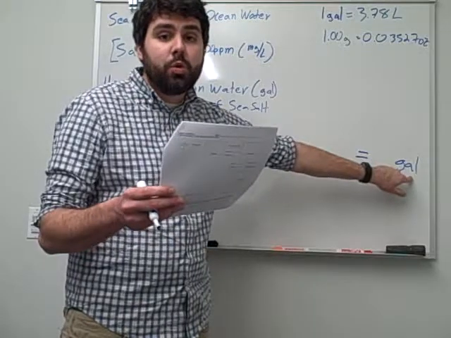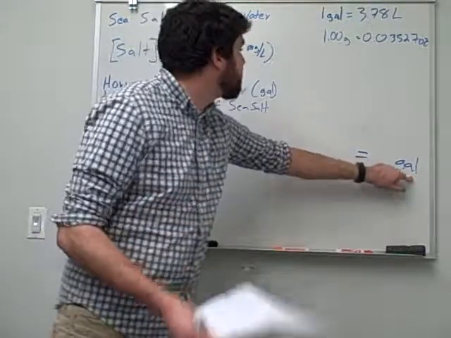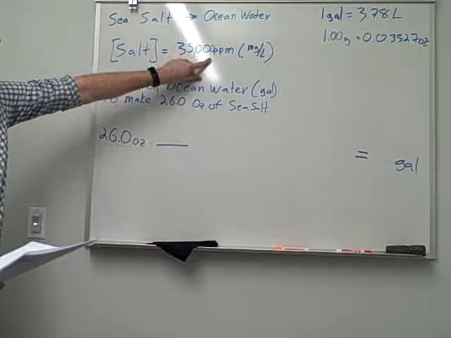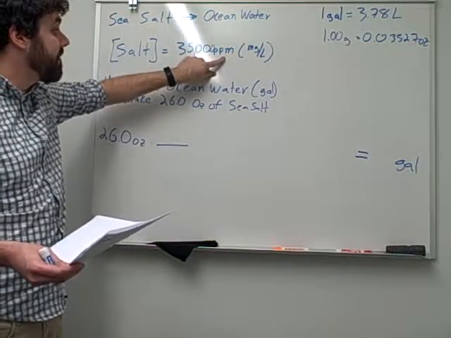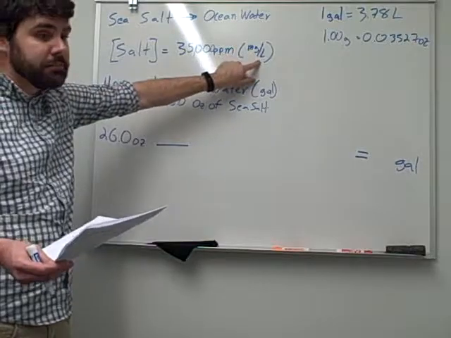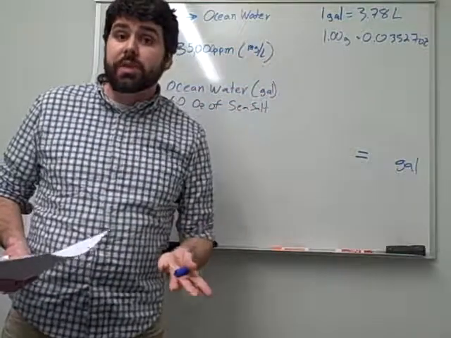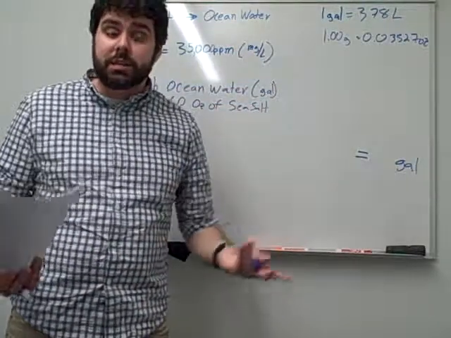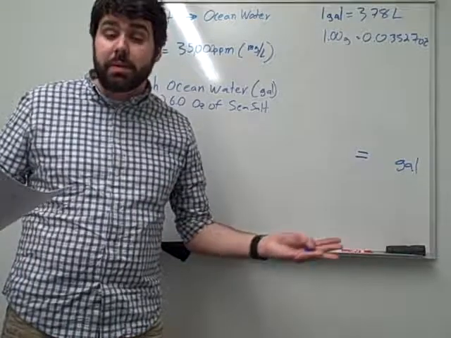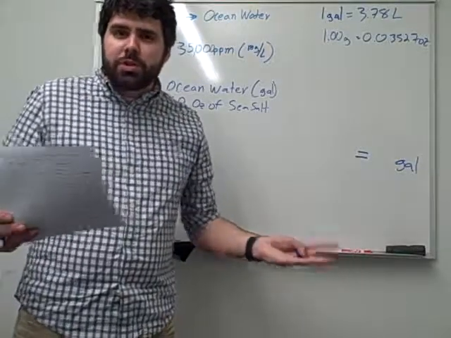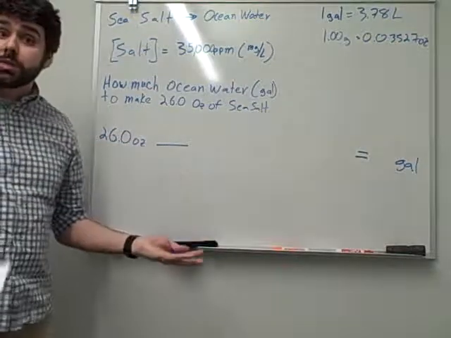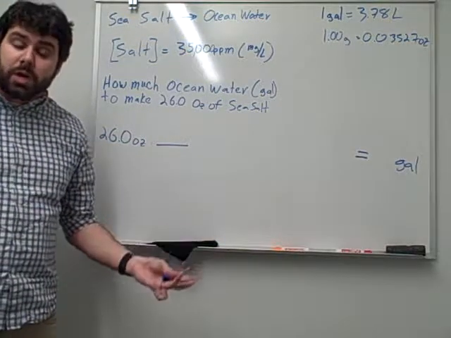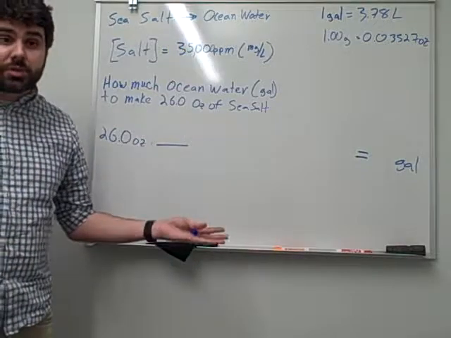So one of the first things you can notice is that we are given the concentration of salt in seawater, specifically 35,000 milligrams per liter. Milligrams can be related to grams because milli is 1/1000th of something that's the base unit, or gram. But what you can tell is that ounces here is actually in our standard units. So one of our first things we can do is convert between ounces and the metric system.